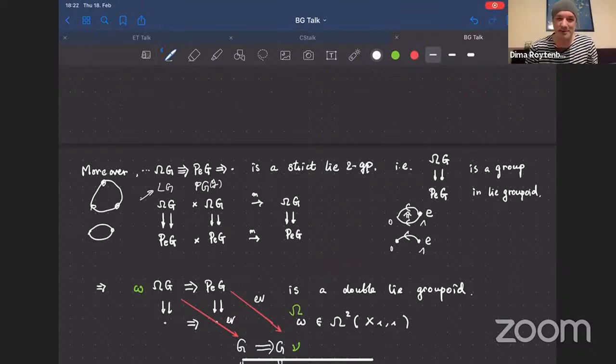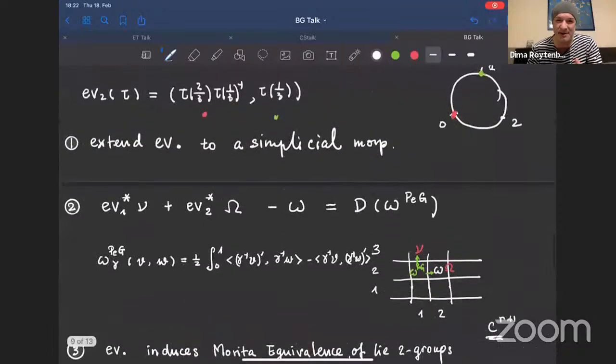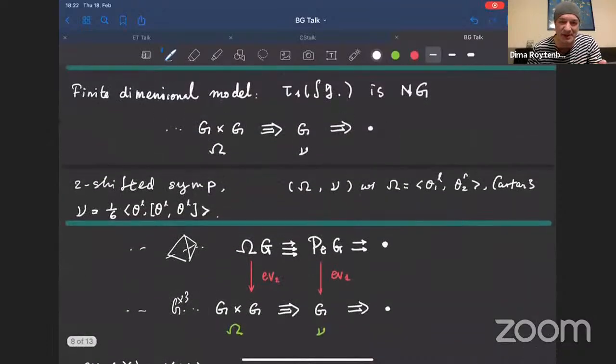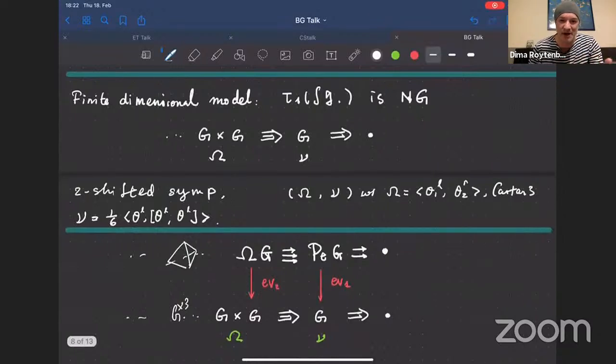Hi, yes, I can unmute myself. It's about your remark on the string group. So you seem to have interpreted the construction of Bauer, Kranz, Schreiber, and Stevenson as first constructing a hypercover.